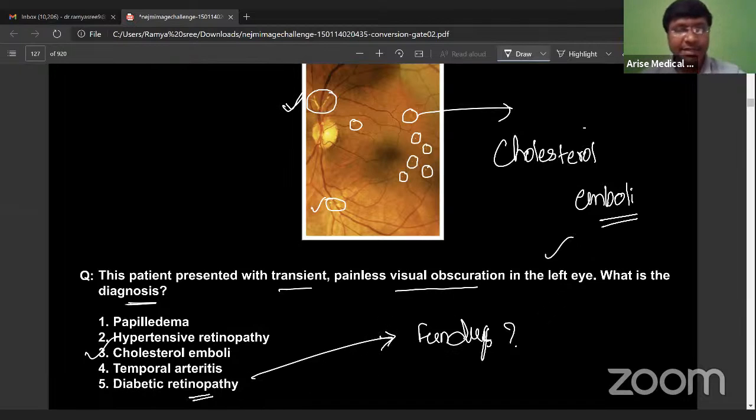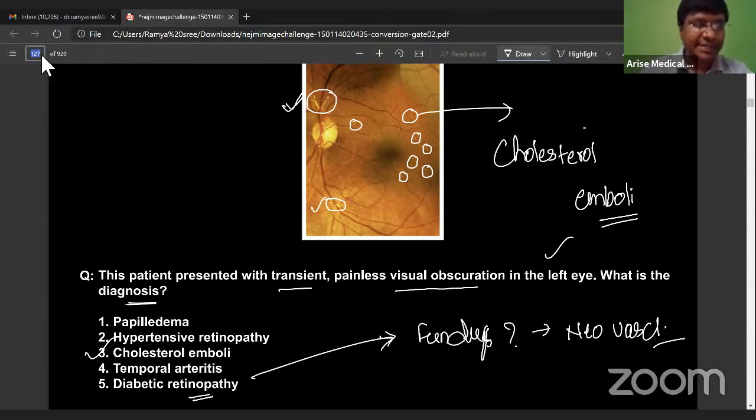So in case of diabetic retinopathy, you will have microaneurysms as well as neovascularization. So you don't have the neovascularization here. What is this image suggestive of? This image is suggestive of the cholesterol emboli. Right, so this is one of the very interesting images. You should not miss this image in your exam at all.